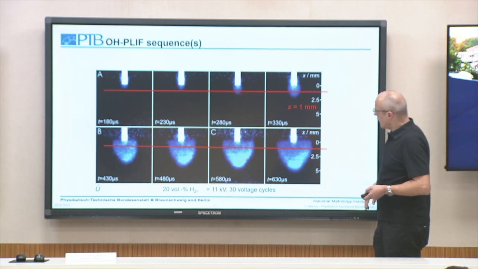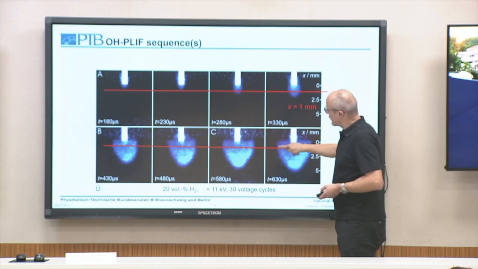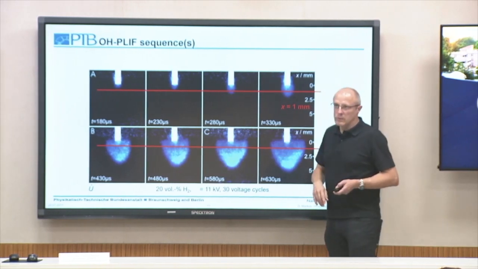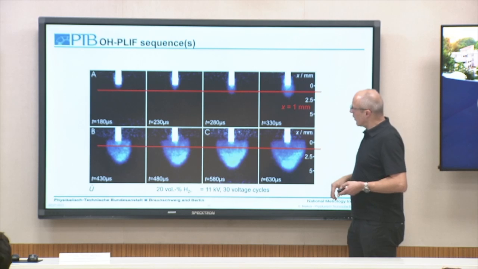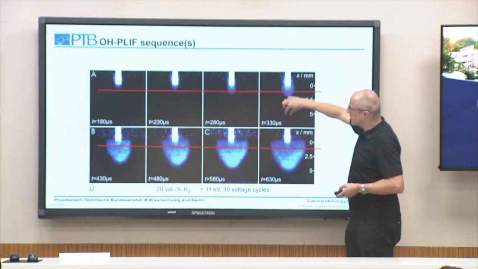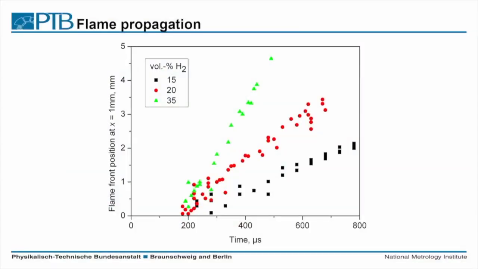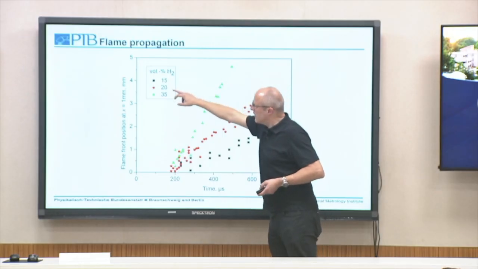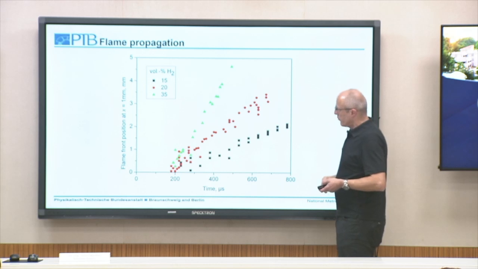And for example, we can analyze the flame propagation along this axis here, which is not disturbed by any streamer discharge which has occurred in this region. So we yield then flame front positions for different mixtures here, 15, 20, and 35 volume percent of hydrogen in air.